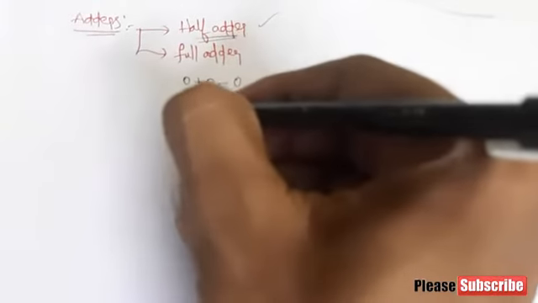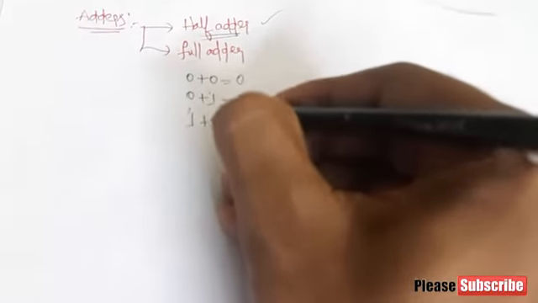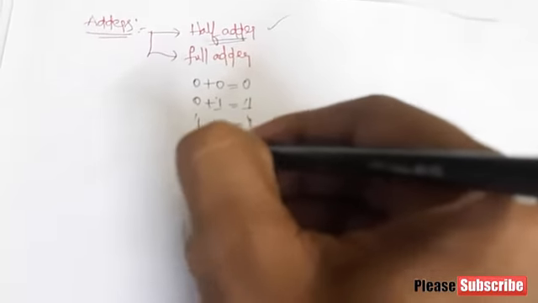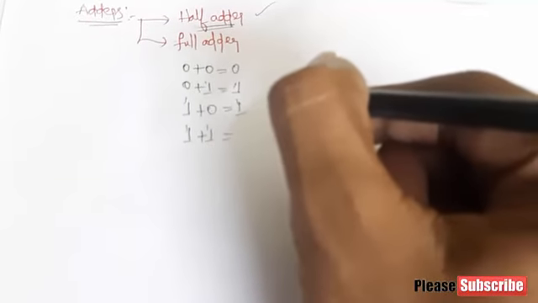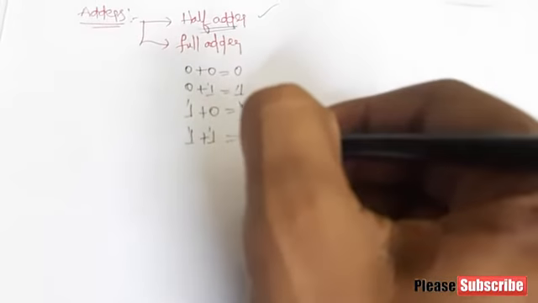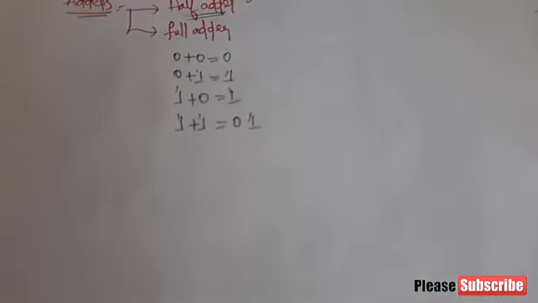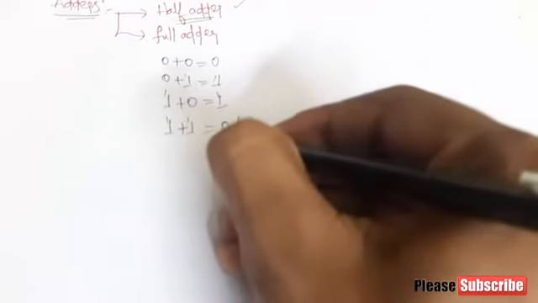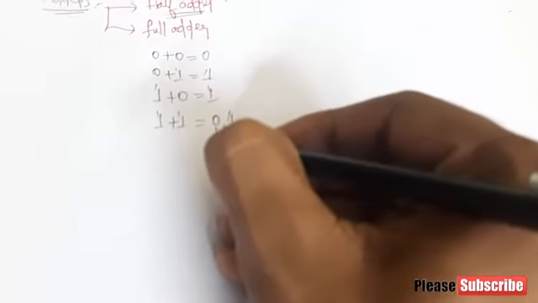If you take 1 plus 0, you will get the sum as 1. If you take 1 plus 1, you will get the sum as 0 and the carry as 1, or carry as 1, sum as 0.